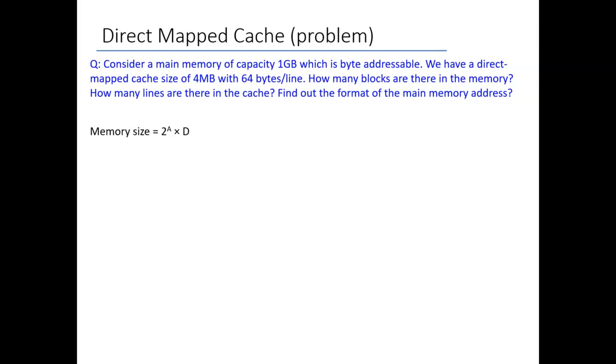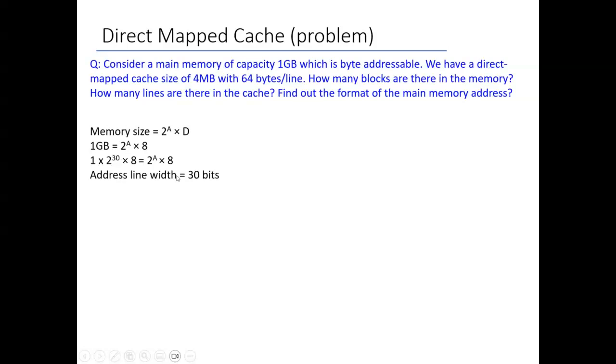Can you see here? What is my memory size here? It's given: 1 gigabyte. Okay, we need to find A because it is byte addressable. Giga is G, so this is 2 to the power 30 multiplied by 8, since it is byte addressable, and this 8 and this 8 will cancel out.